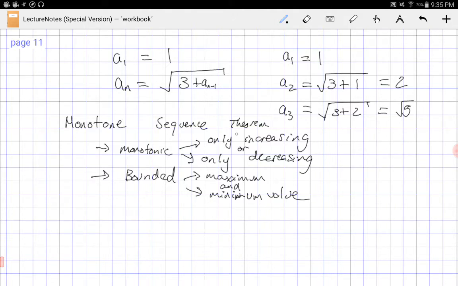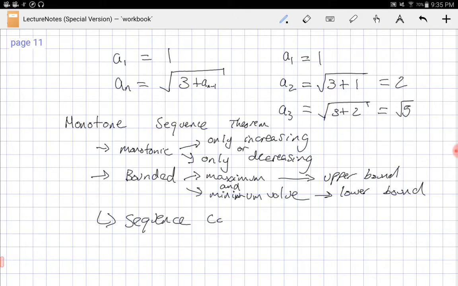So the monotonic sequence theorem states that if it is monotonic, meaning that it's only increasing or only decreasing, and that it's bounded, meaning that it has a maximum and a minimum value, which we call the upper bound and the lower bound respectively, then we can say by the monotone sequence theorem that this sequence converges.